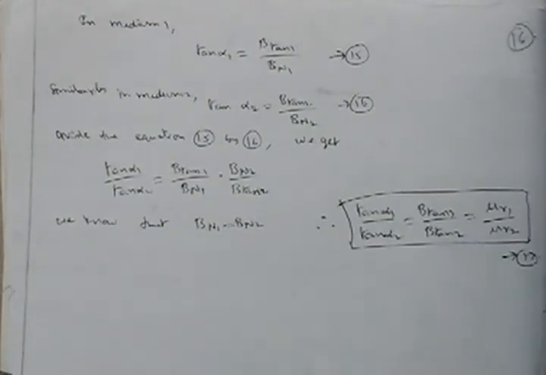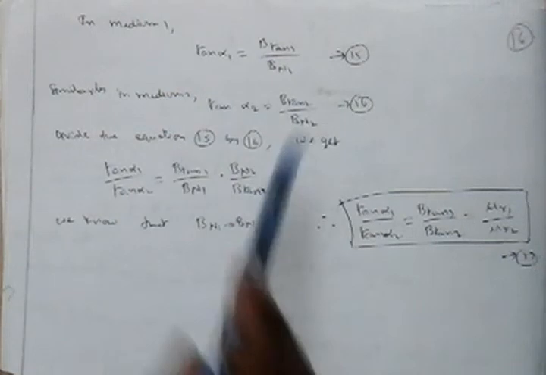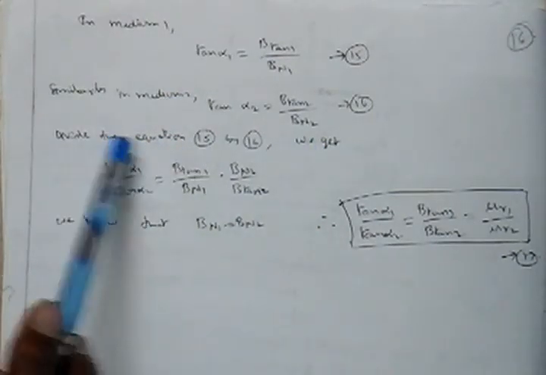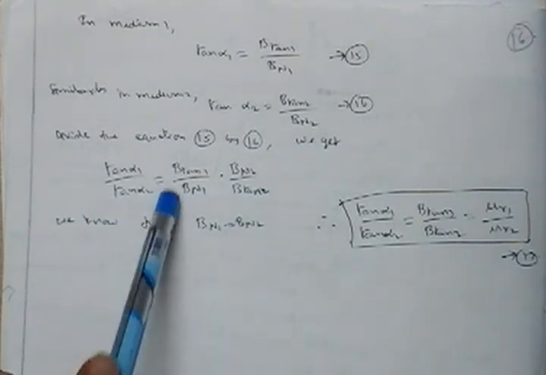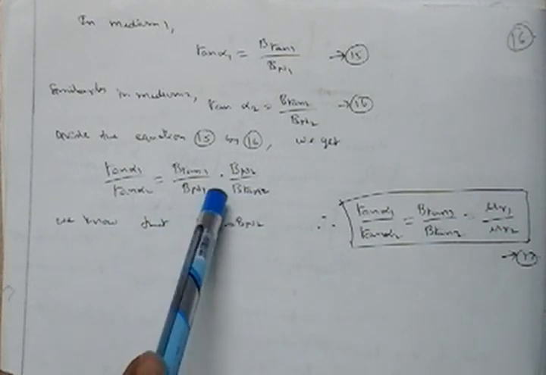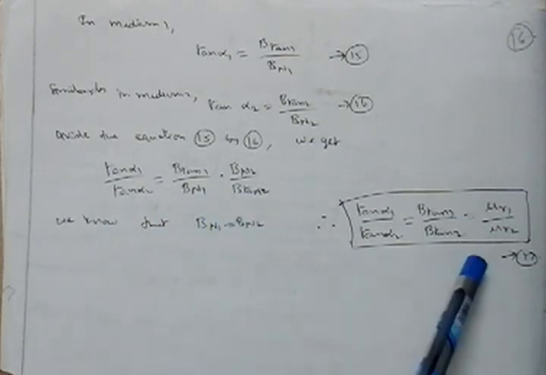The mathematical equations are tan alpha 1 is equal to b tan 1 by bn1 as per the diagram. Similarly, tan alpha 2 is equal to b tan 2 by bn2. Finally, we get the relation tan alpha 1 by tan alpha 2 is equal to b tan 1 by bn1 into bn2 by b tan 1. Similarly, we can also write it in terms of h.